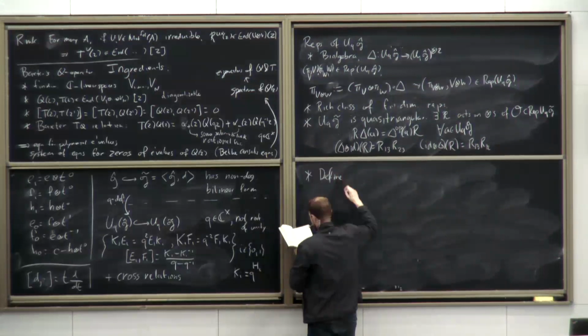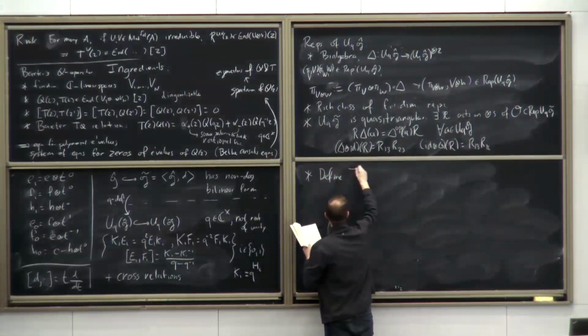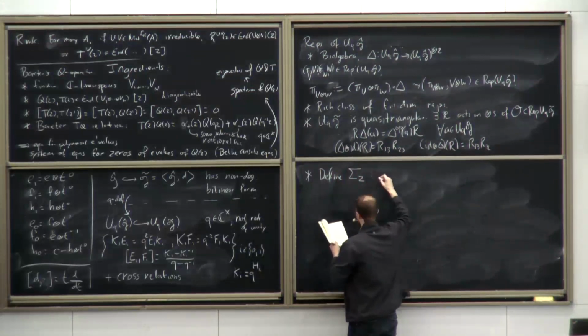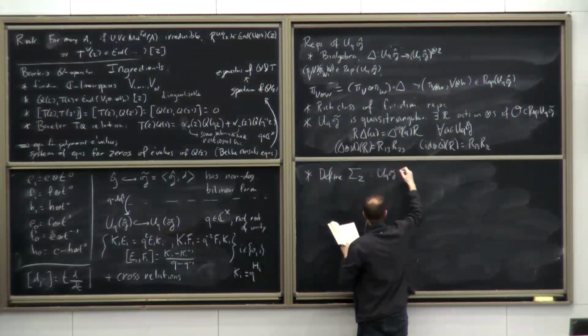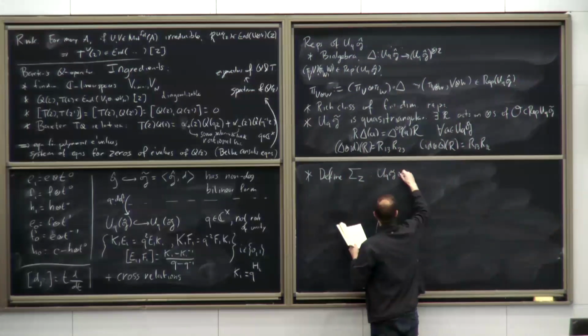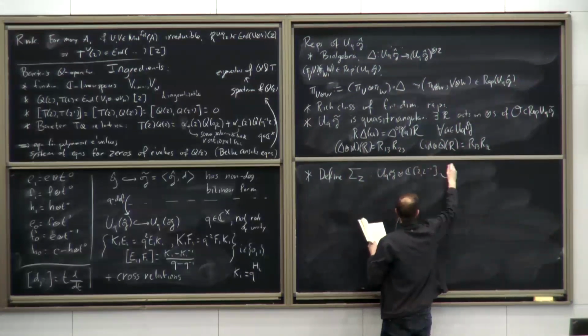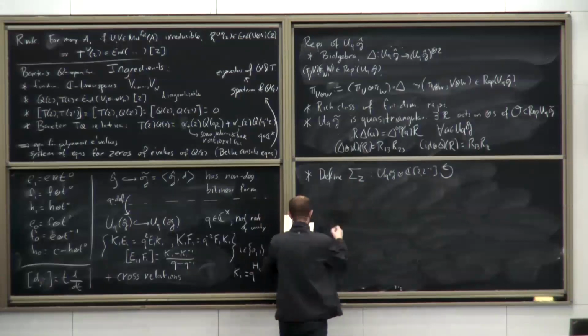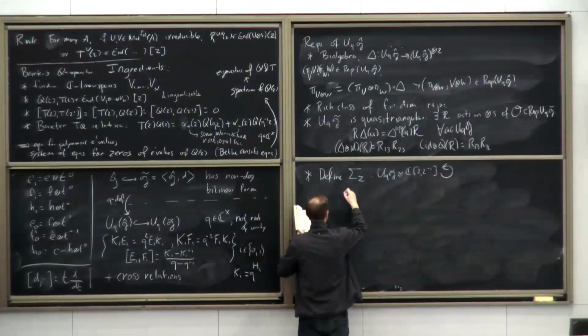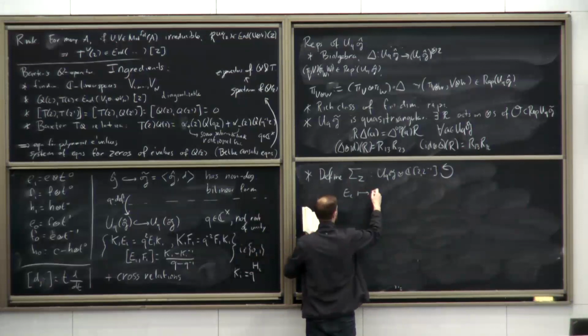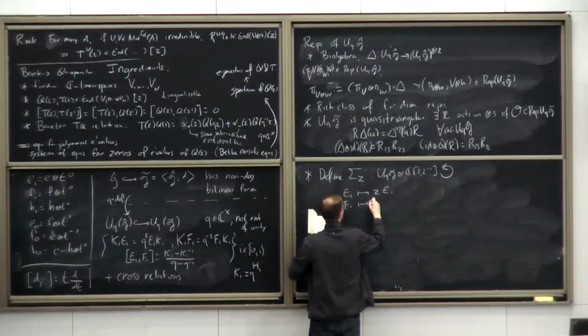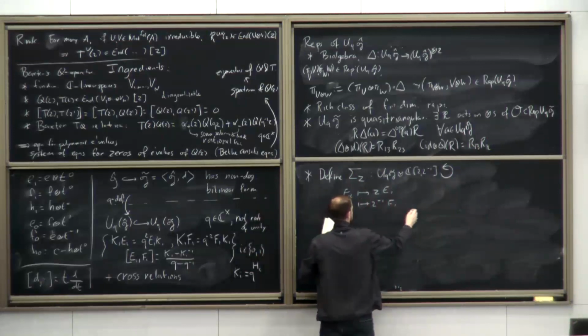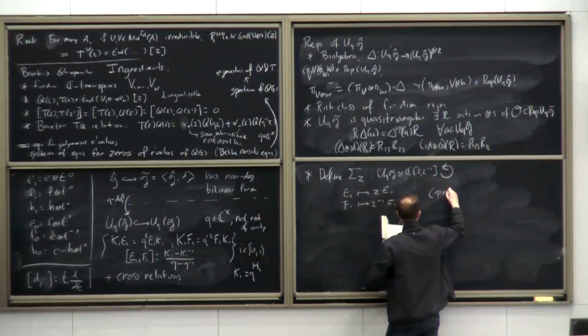And this is how this formal parameter appears. Namely, I can extend my scalars. I can tensor with, for instance, Laurent polynomials. And this sigma z is a map, which is actually a bialgebra automorphism of this algebra with extended scalars. It's a very simple map, like this. So this is defined in terms of the so-called principal grading.